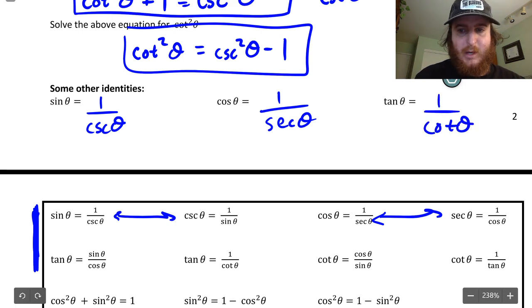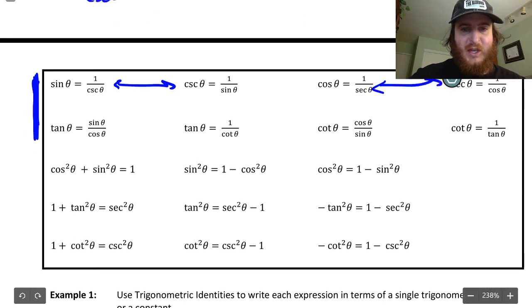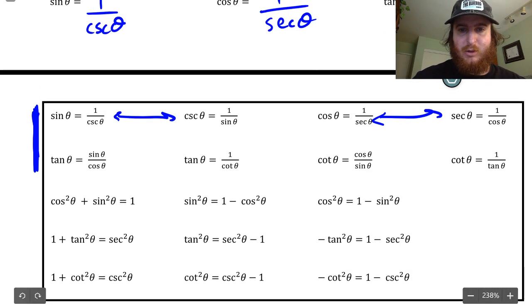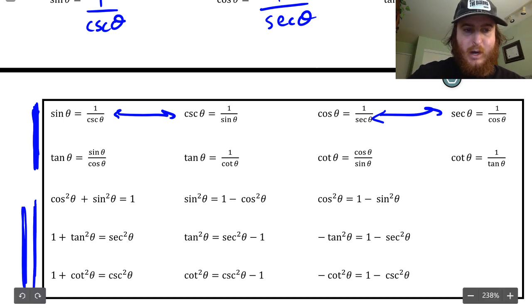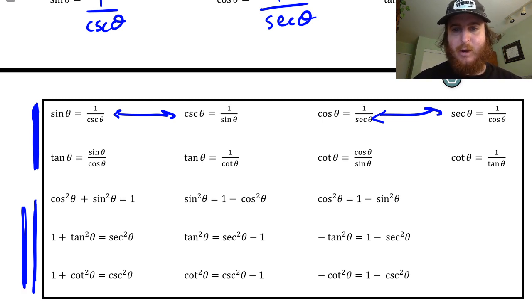Those all kind of work the same. So this box here, like I said, the top 2 lines are going to be representing the first kind of stuff we did, and then these bottom 3 lines are all of our Pythagorean identities. Either take a screenshot of this, copy it, pause the video, copy it into your notes. But this is kind of showing all these different ways that we could rewrite this stuff.